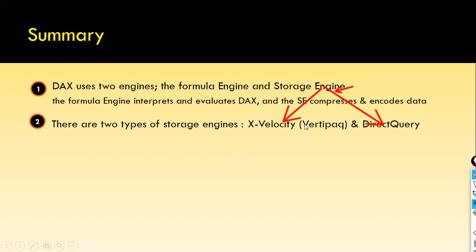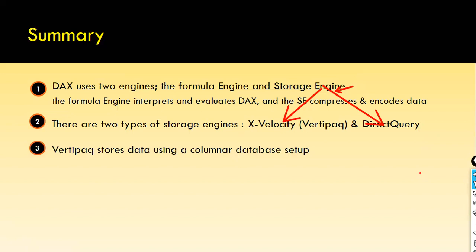XVelocity is used for in-memory storage, whereas DirectQuery is a direct connection to an external source. In the case of import, it creates data caches, or in the case of DirectQuery, it sends the query directly to your SQL Server, and the query returns the value back to your formula engine directly.